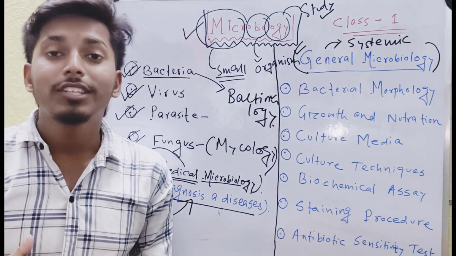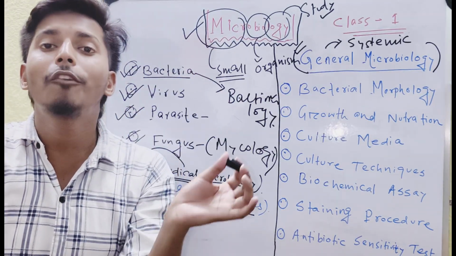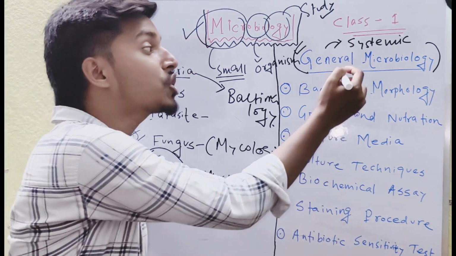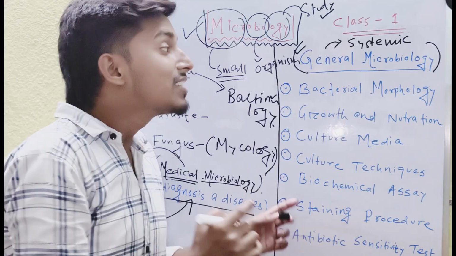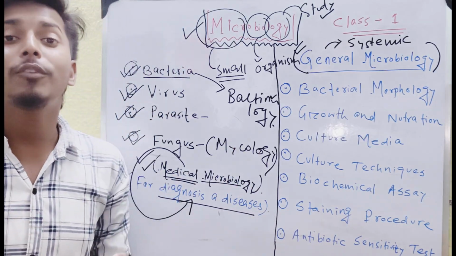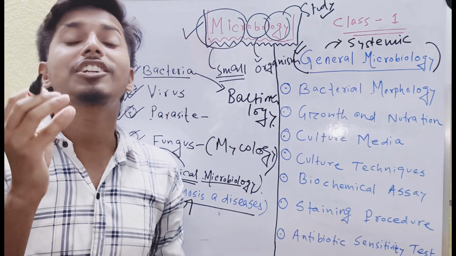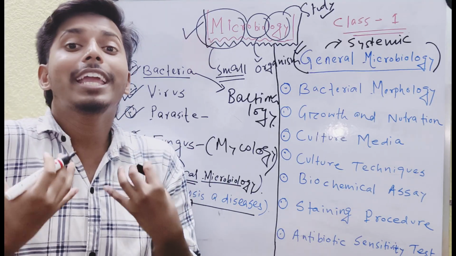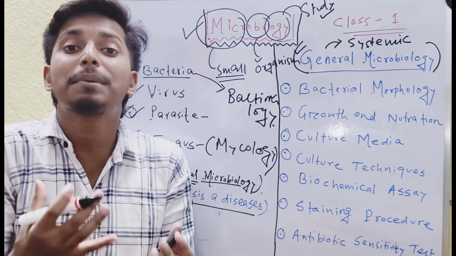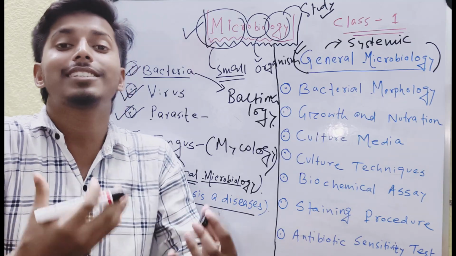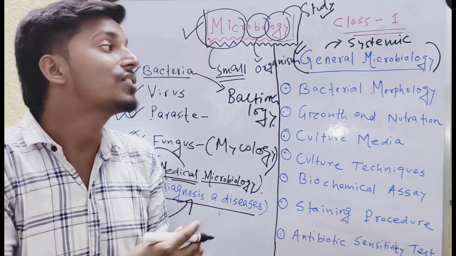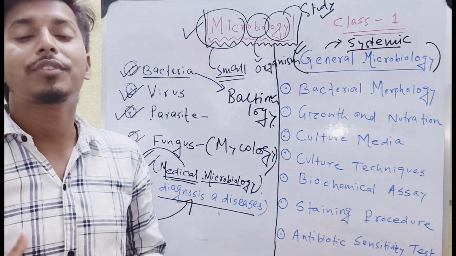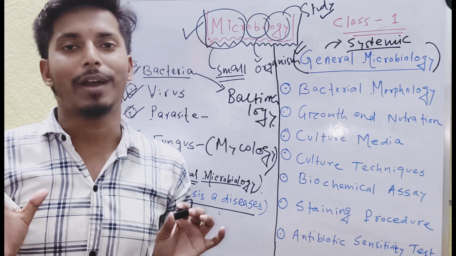General microbiology means we need to understand how the whole phenomena occur. In systemic microbiology, we will understand the application of general microbiology. We will understand every type of bacteria one by one, which belong to various systems, and which cause various types of disease in our system. That is systemic microbiology. Firstly, we have to cover general microbiology. After that, we will go to systemic microbiology.